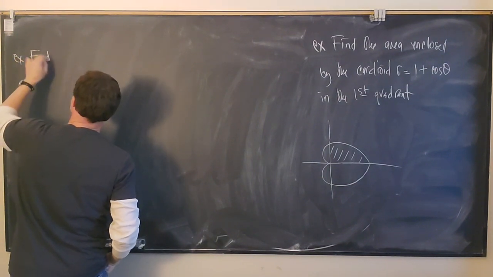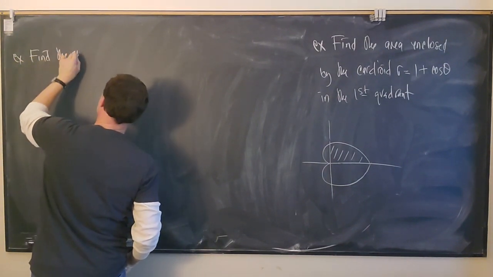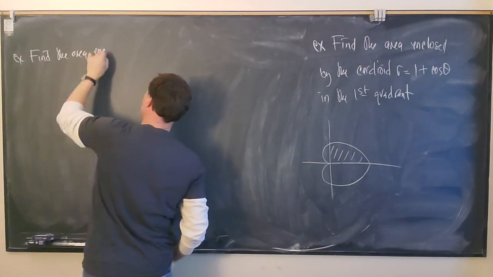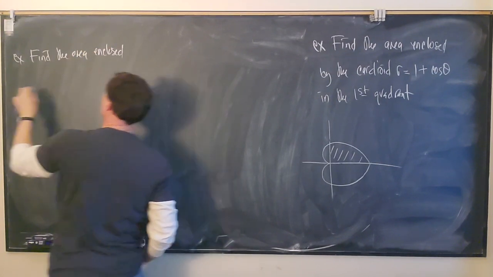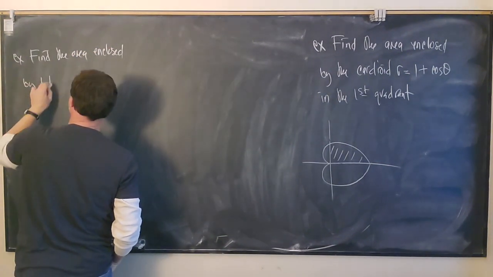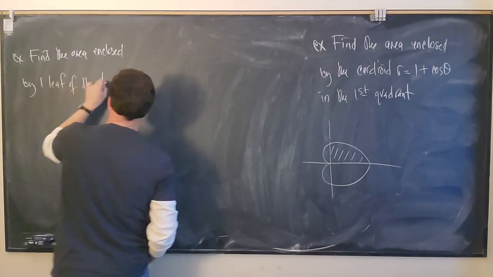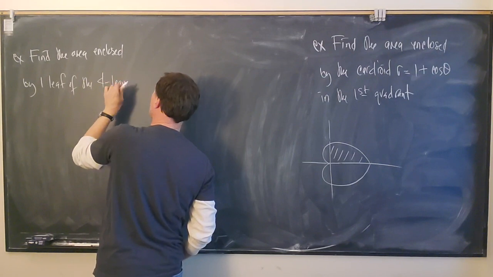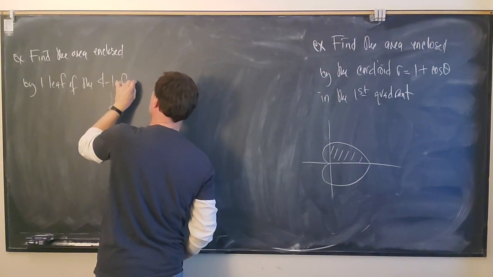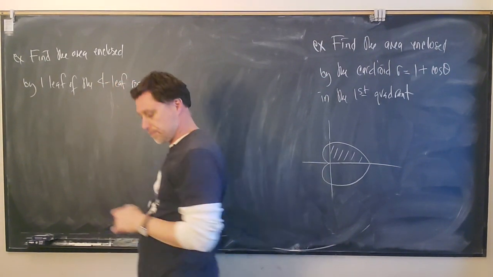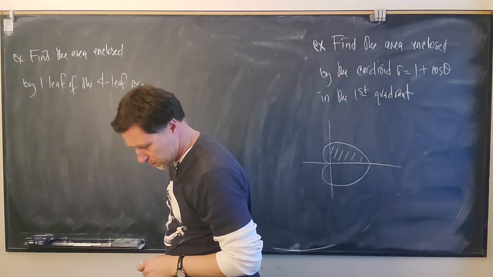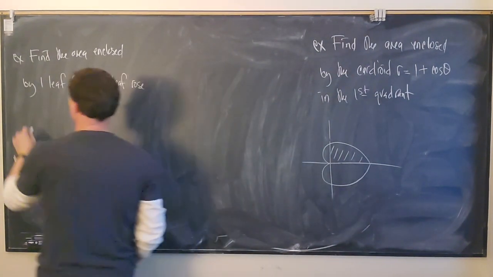Let's find the area enclosed by one leaf of the four-leaf rose. And this one's going to be r equals cosine 2 theta.